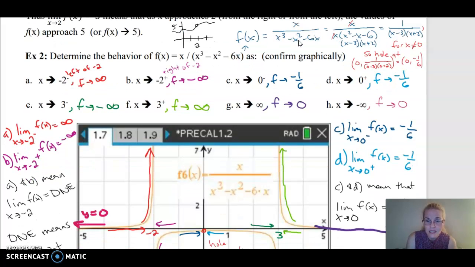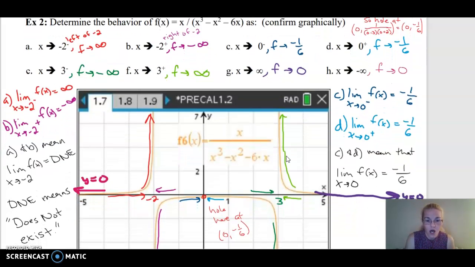What you can see here, though, is your x will divide out when you factor it, and so this function is going to have a hole at 0. So when x is 0, the hole is at the point 0, and then you plug 0 in for what you've simplified: 0 minus 3 times 0 plus 2, that's going to be negative 1/6. So in this picture, there's actually a hole right here, even though it's hard to see.